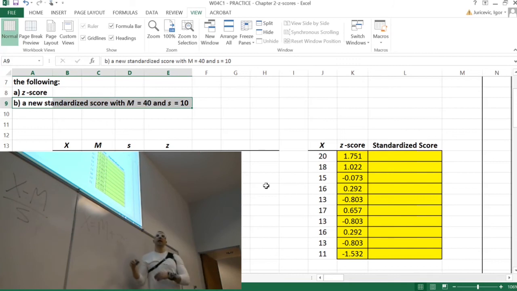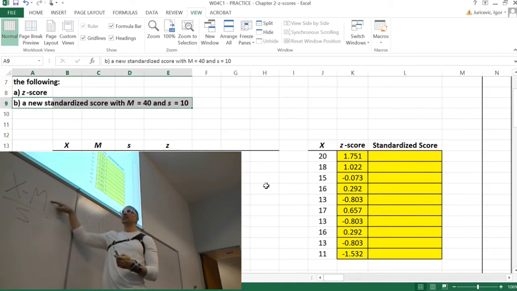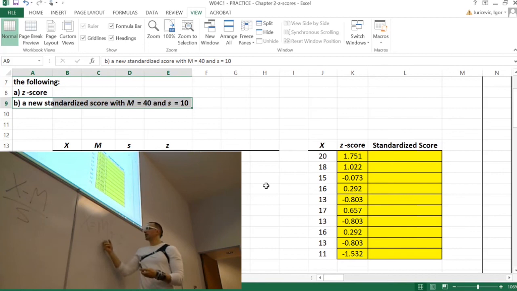The key hiccup that occurs to students when they're doing standardized scores is they forget where to find the information for the mean and for the standard deviation, because they've already used a different mean and a different standard deviation previously in the question. So don't let that happen to you when you're doing standardized scores.